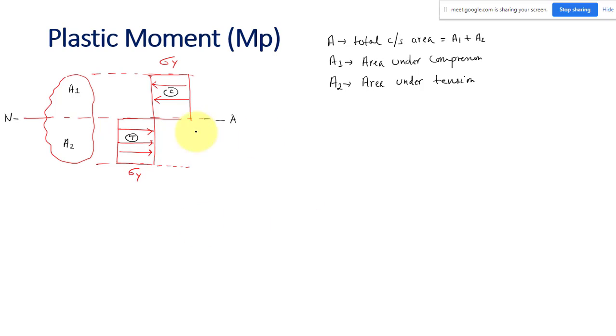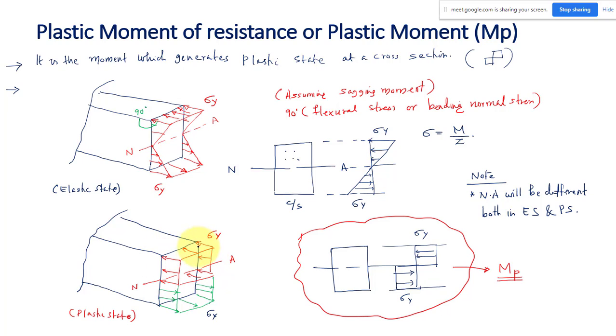Okay, so finally, whatever the state, elastic or plastic or elastoplastic, at any point of time the beam should be in equilibrium, the forces should be in equilibrium. So by the equilibrium condition, I can write. You can just see this stress block at the cross section.